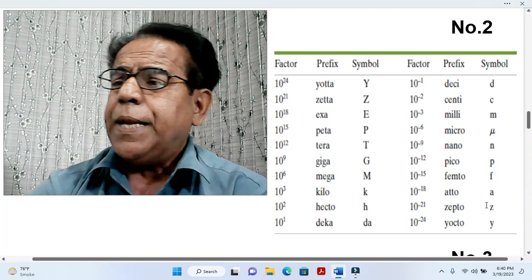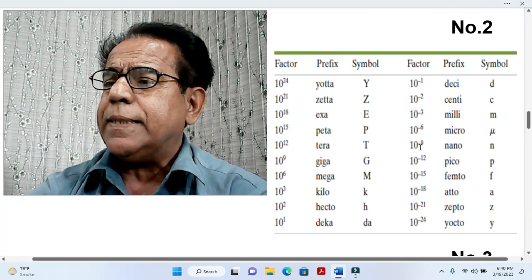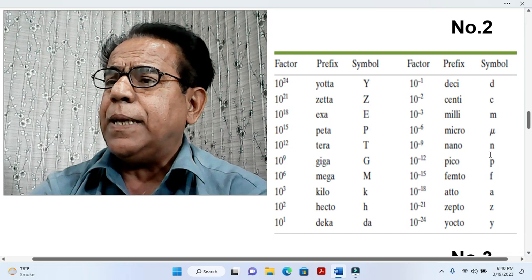Here nano is 10 raised to the power minus 9, its symbol is n.